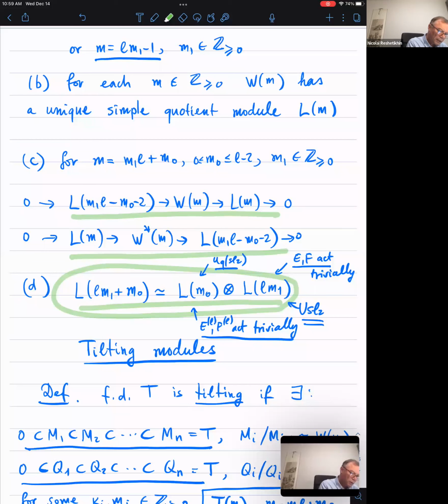Anyway, if you look at this formula, you can formally define the formal character of such representations.